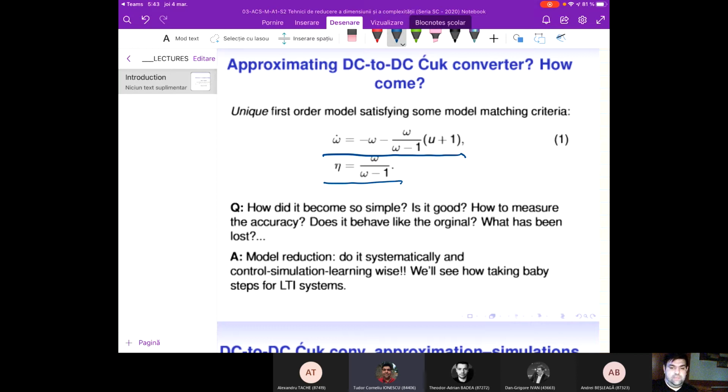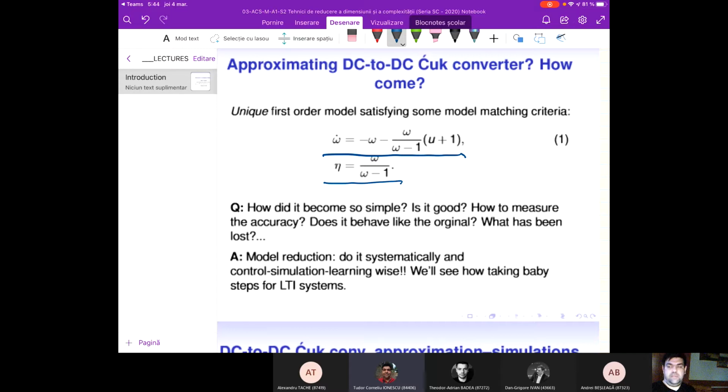The answer to all these questions is given by model reduction, the field we study in this lecture. Model reduction does it systematically, in a control, simulation, learning fashion. It follows certain principles and certain goals.